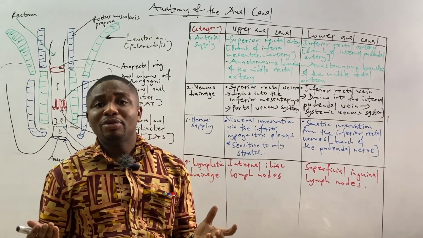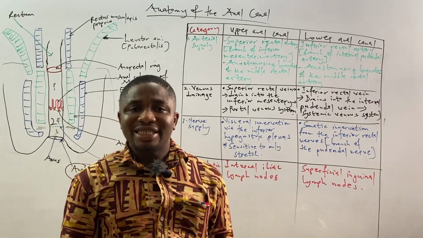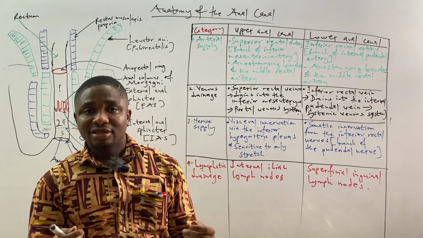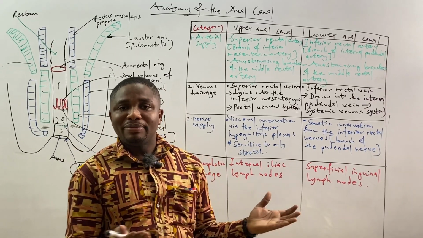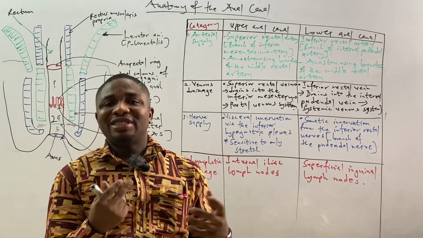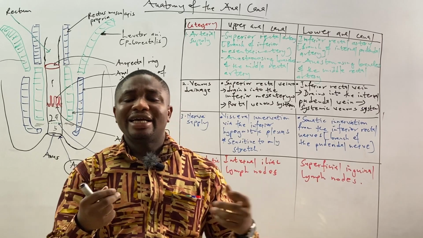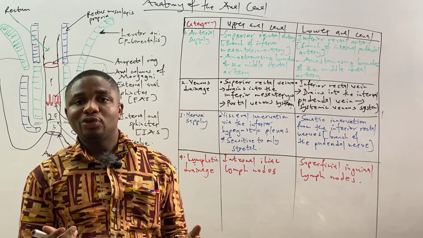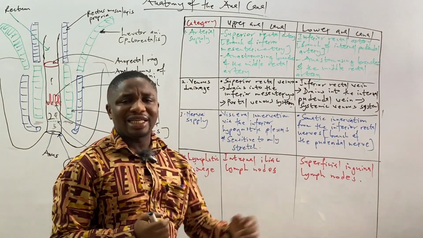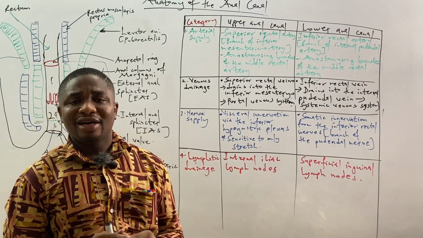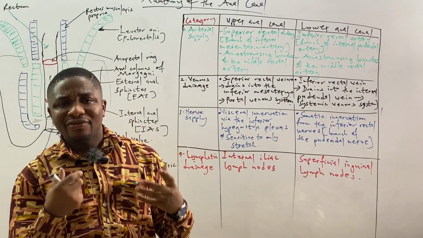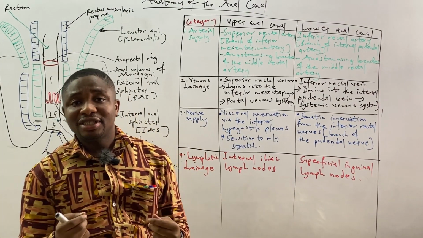But if you look at the external hemorrhoids, they have the somatic innervation because they are located where? Below the pectinate line. So they will be sensitive to pain, pressure, temperature, and touch. That is why they will be painful. The same thing applies here. If you look at the lower anal canal, they have somatic innervation from where?